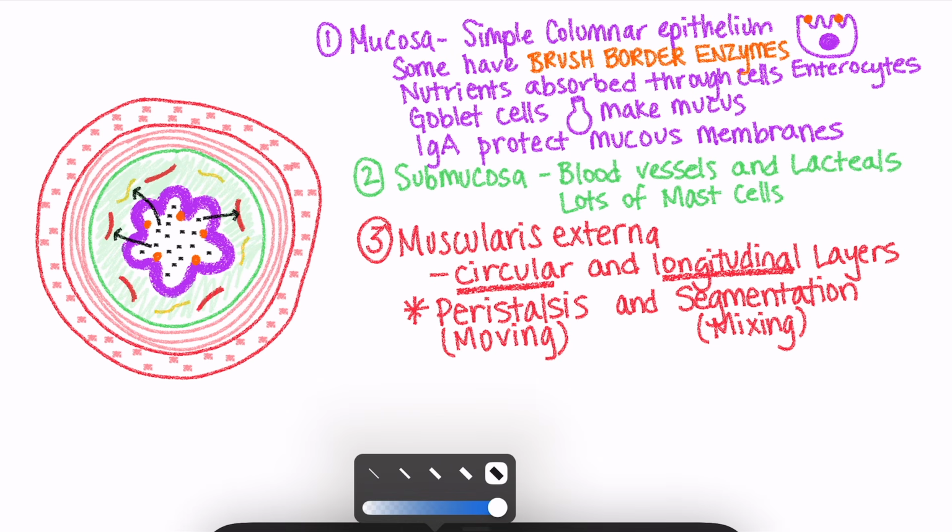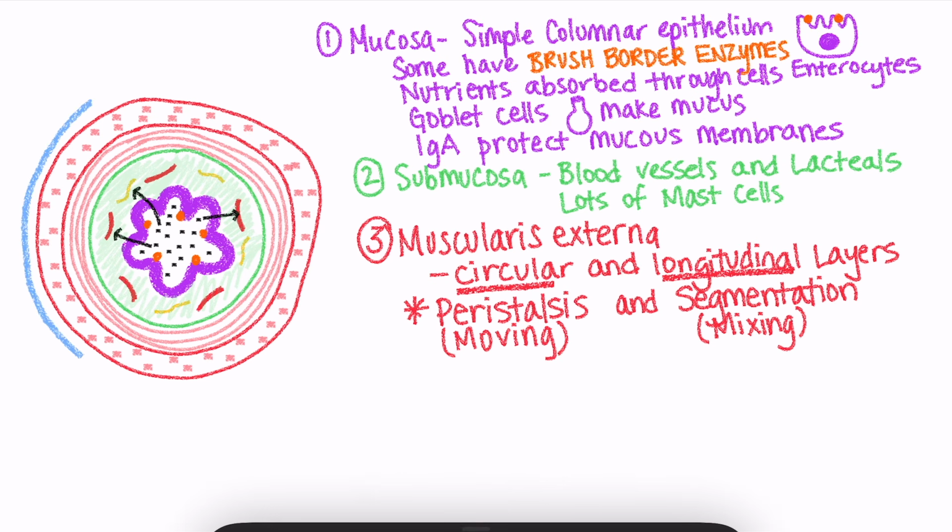Okay, then we'll do the serosa. And I'm going to pull this back. The serosa is also known as the visceral peritoneum. This is a membrane that surrounds, it's kind of glistening looking, and it surrounds the outside of each coil of intestine.